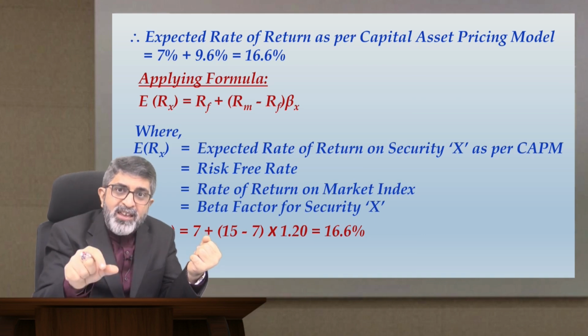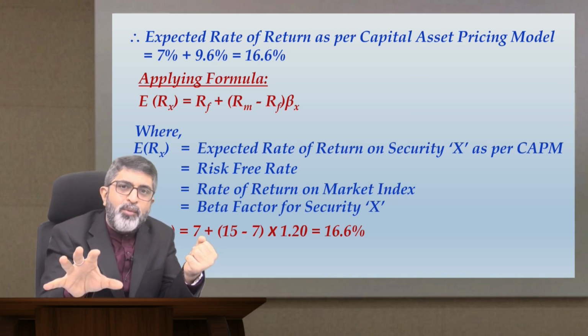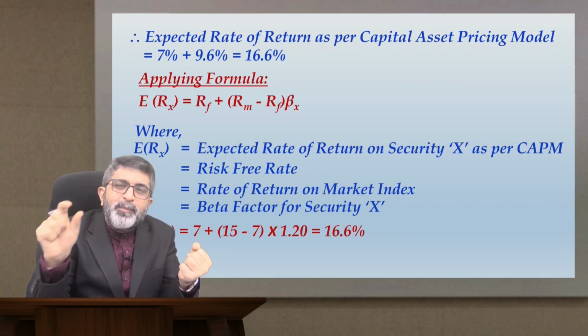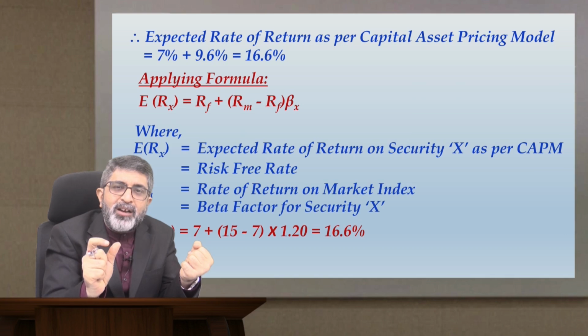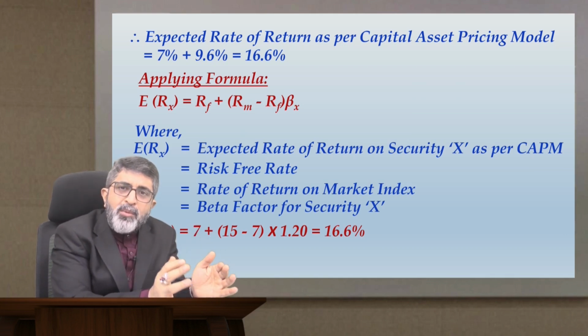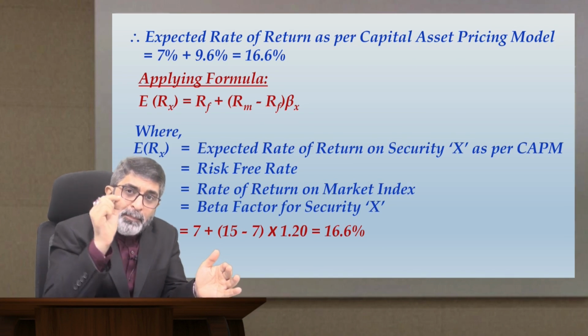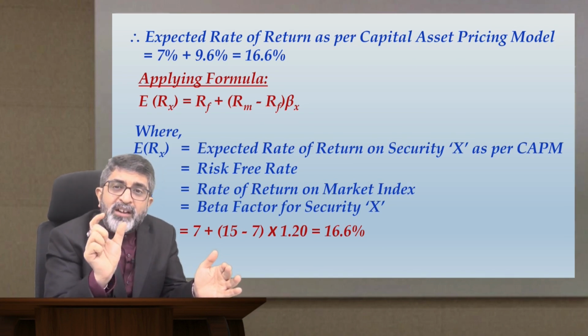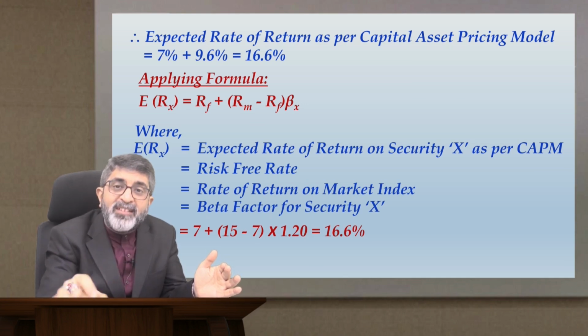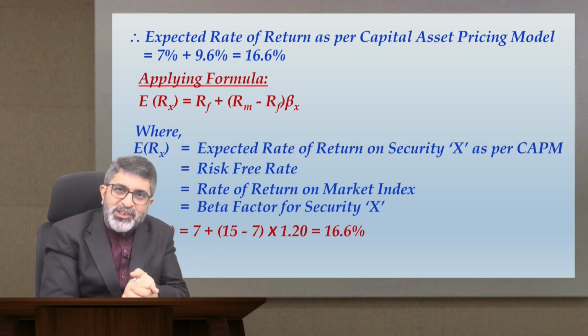If this KE is substituted in Gordon's model and then you compute P0 as per Gordon's model, that precisely becomes the fair value of the share, which is an outcome of Gordon's model. But before applying Gordon's model, the expected rate of return by the equity shareholder has been obtained through CAPM equation.